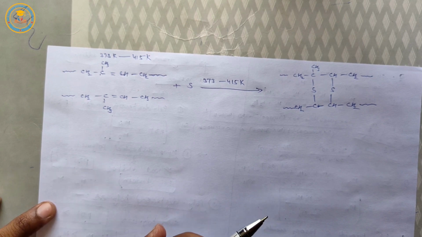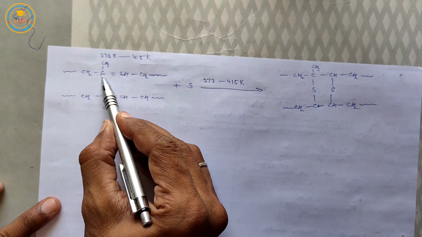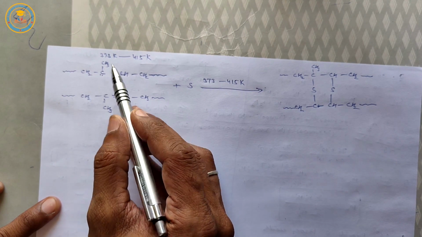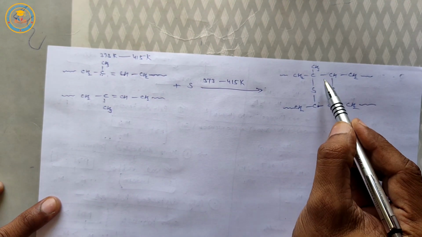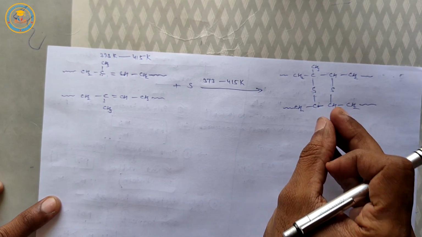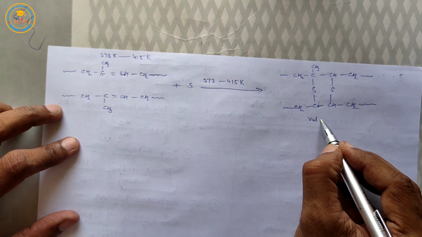So I repeat, in the vulcanization process, the double bonded carbon atoms of natural rubber are linked together by cross links of sulfur, due to which rubber becomes hard. So it is known as vulcanized rubber.